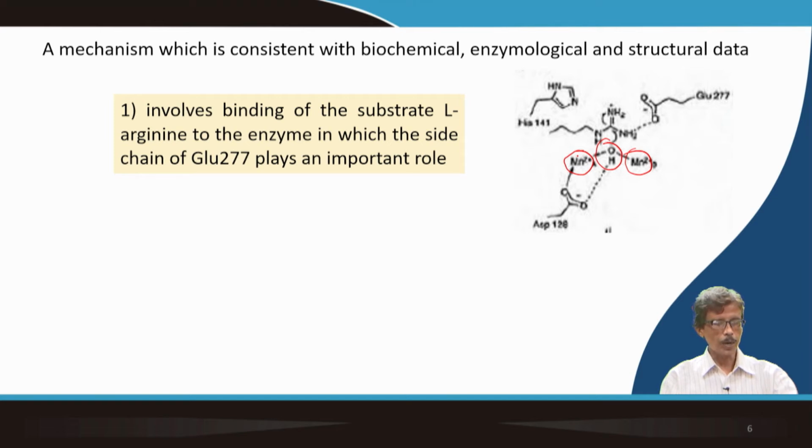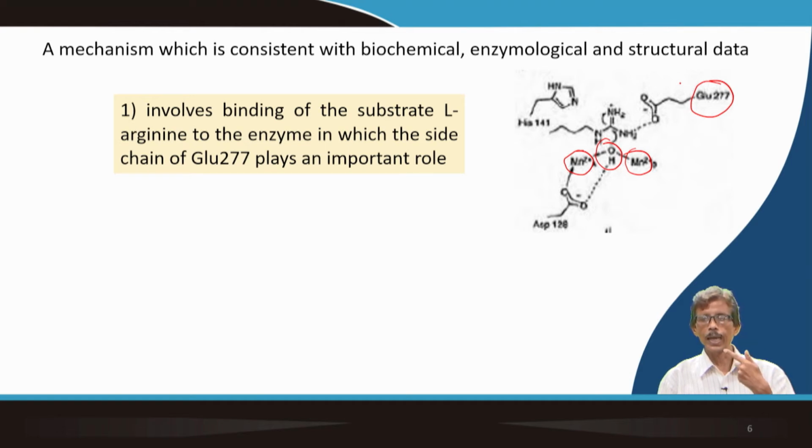For the mechanistic path, step number 1 is that your substrate will come and sit there. On the right hand top you have glutamate 277, with the CO2 minus end. So, glutamate 277 with that end basically tries to further stabilize the NH2 end of that particular arginine molecule.